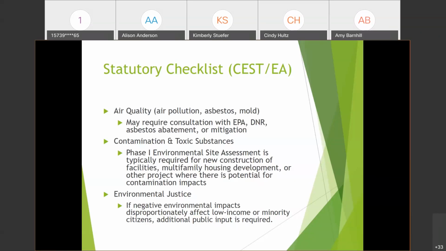There's links on our form, but you're looking at Superfunds, and the Department of Natural Resources has a site called eStart where you can do a screening, and you should print off the results of that and put it in your file. You're also looking at underground storage tanks in the area to see that there's no issue with those, or if the project is within a half mile of a landfill site.